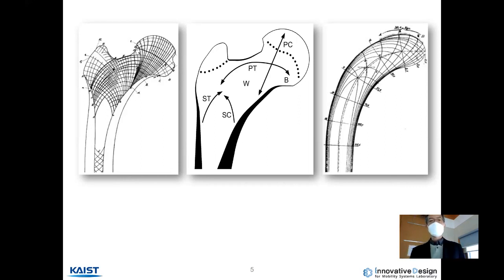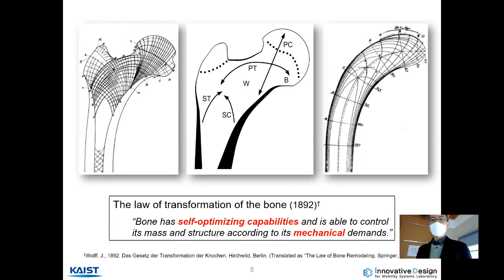Based on these interesting findings and observations, the well-known German anatomist and engineer Julius Wolff proposed the law of transformation of bone, which is also known simply as Wolff's law.